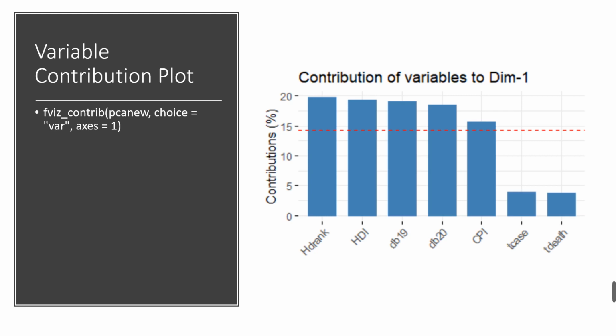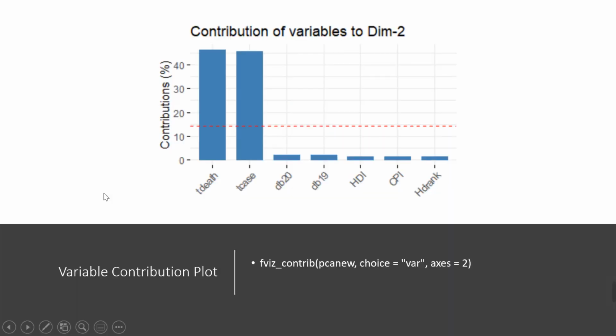And now that we have identified 2 principal components of interest, because they actually explain more of the variations inherent in our data set, we want to look at the contribution of the variables to PC1 and PC2. In order to do that, this is just the code. And here we have the result for PC1. And here we have the result for PC2.